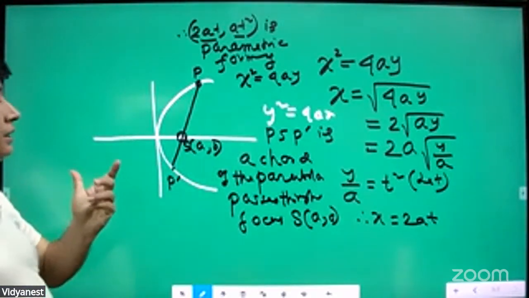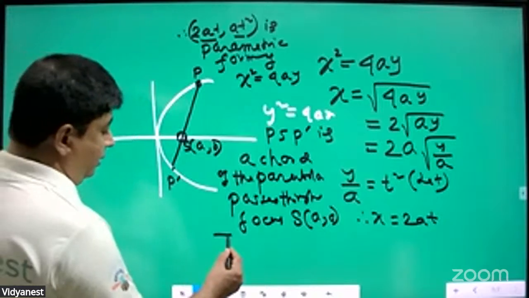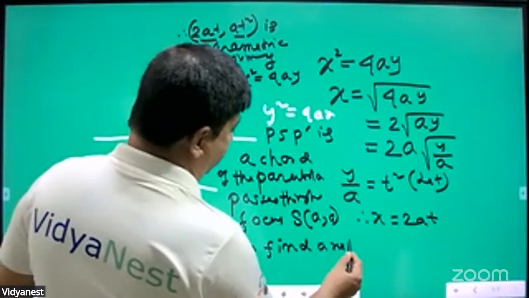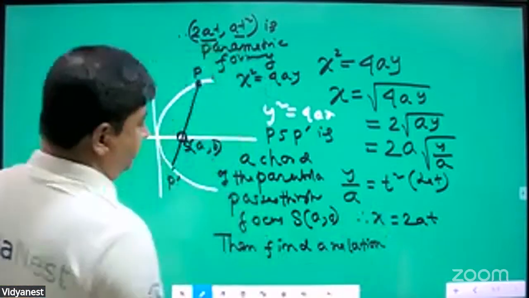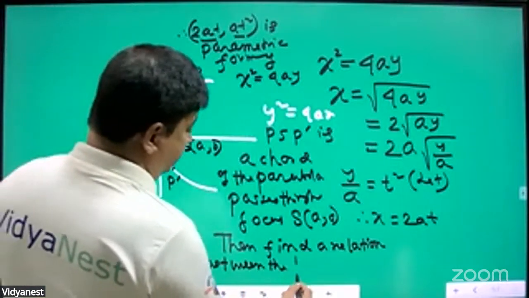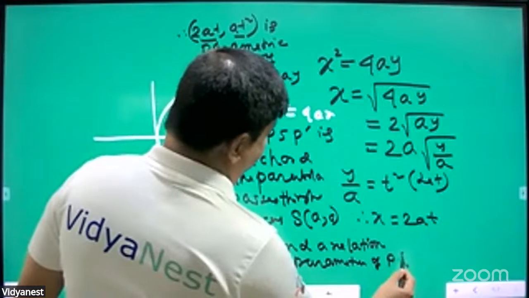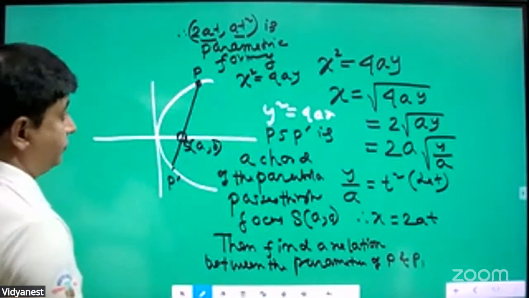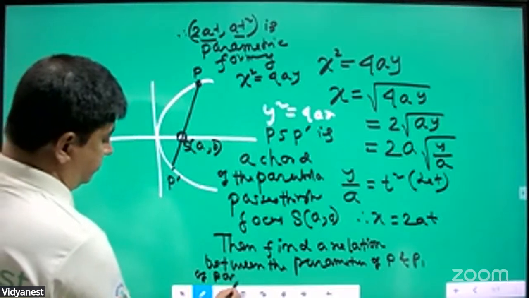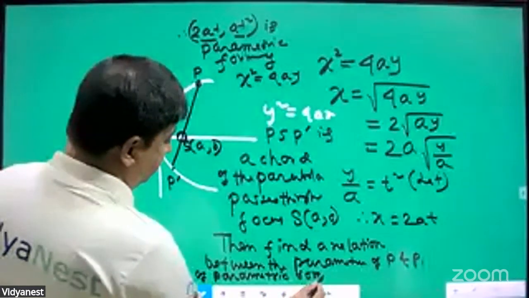Then we can find a relation between the parameters of these 2 points, P and P dash, of the parametric form.